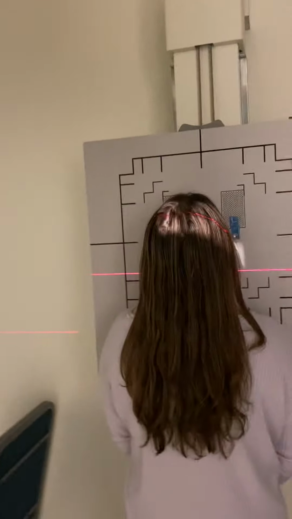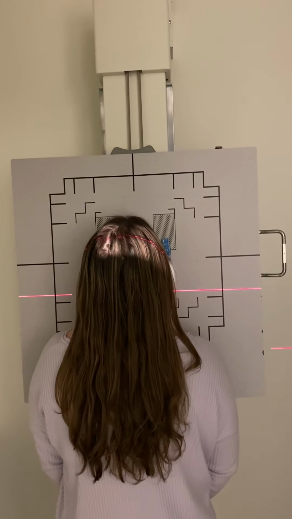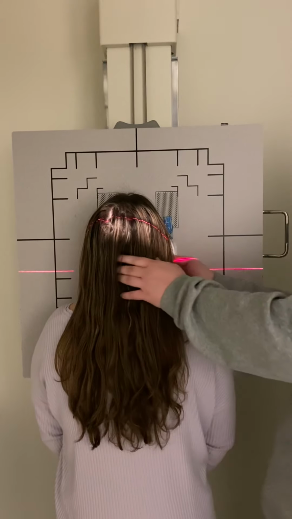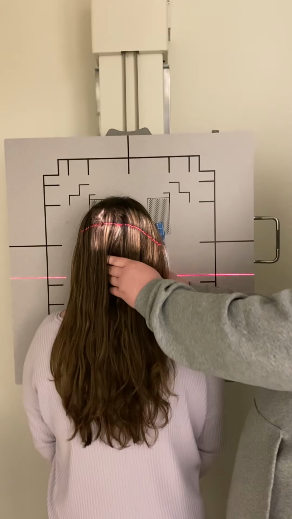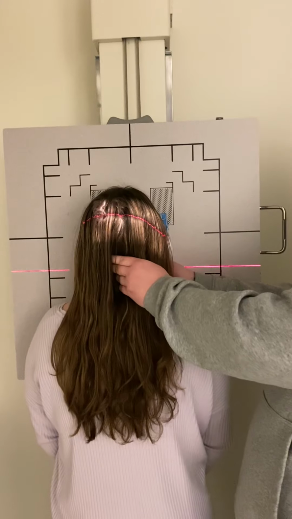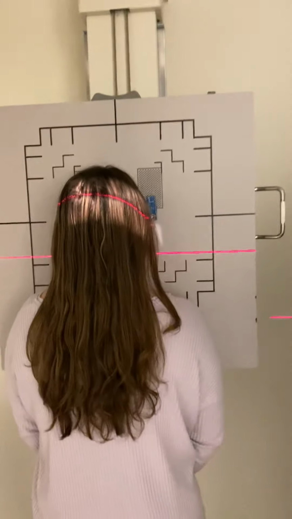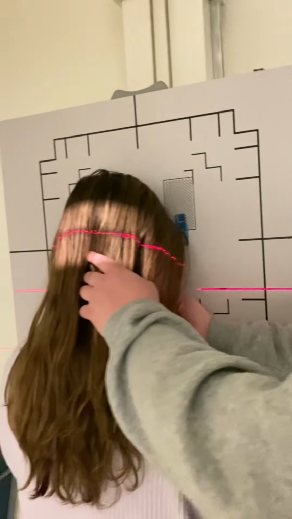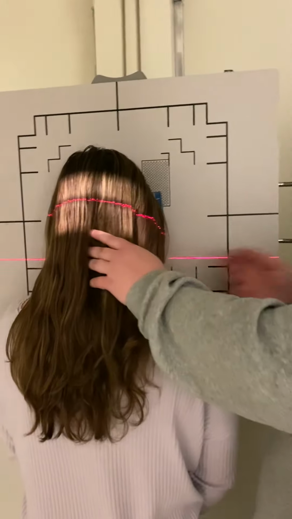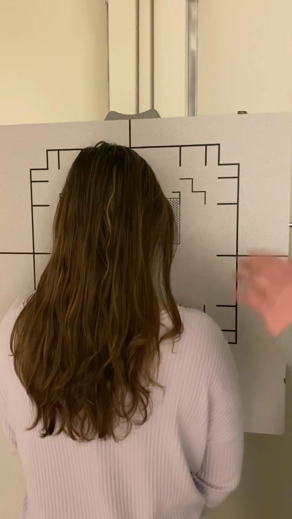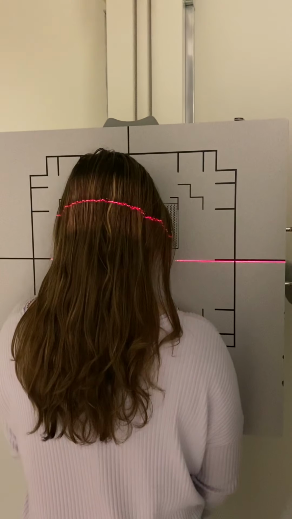We're going to center the IR at the nasion, and we're going to make sure her OML is perpendicular. We're going to rest her forehead and nose on the Bucky so that her OML is perpendicular. And we're going to bring this down, centering on the nasion.